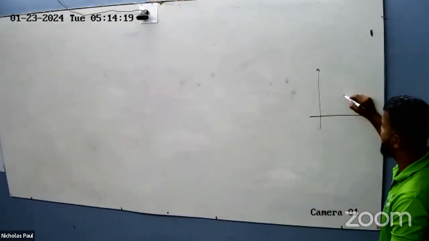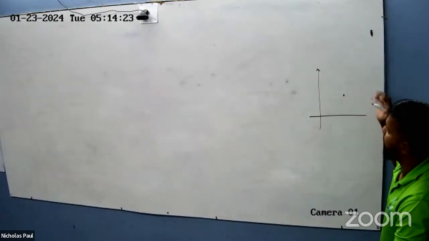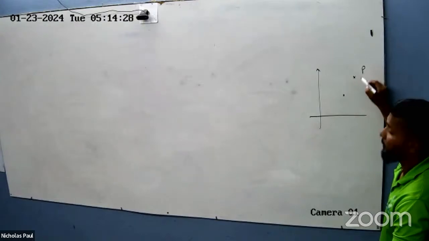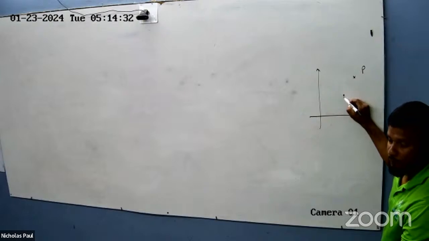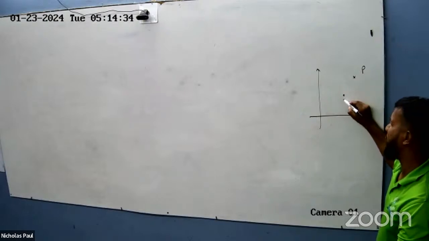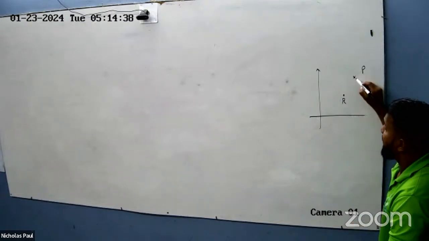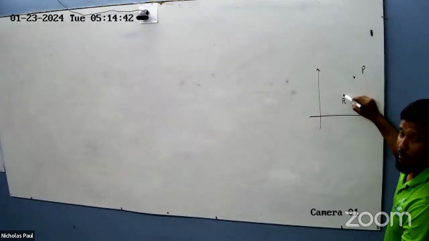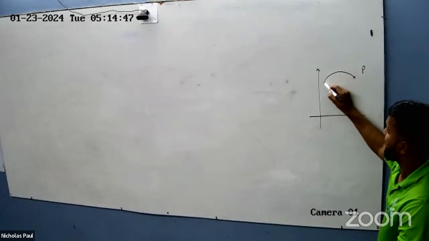So if I give you a set of points, and I tell you this point P is always equidistant from this unknown, let's call this unknown R. So this point P, no matter how it moves, is always going to be the same distance away from R. Okay? So it might move something like this.